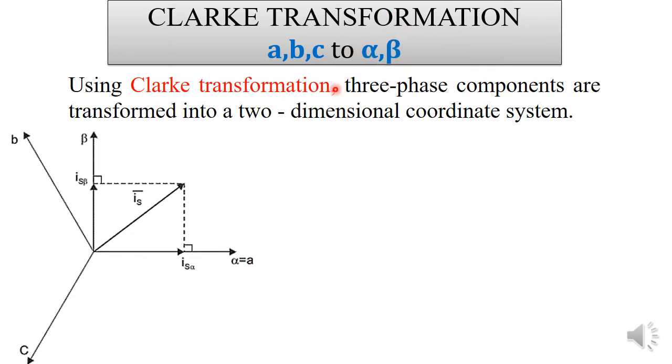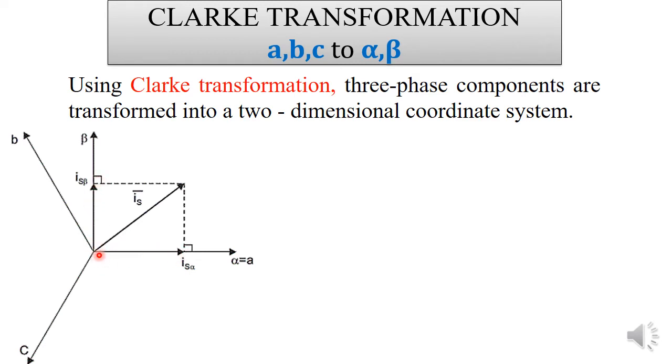That means the system of currents along A, B and C, which are 120 degree spatially displaced, are transformed to a system of two currents IS alpha and IS beta.